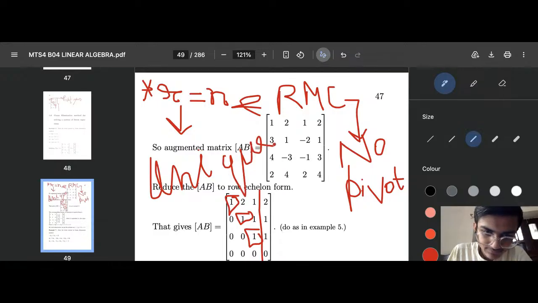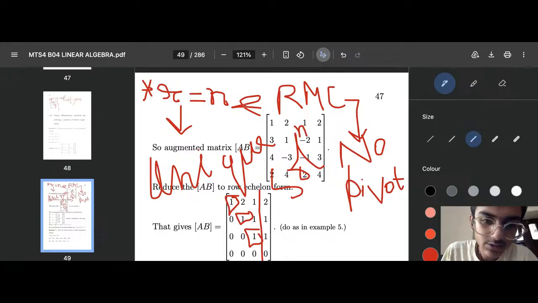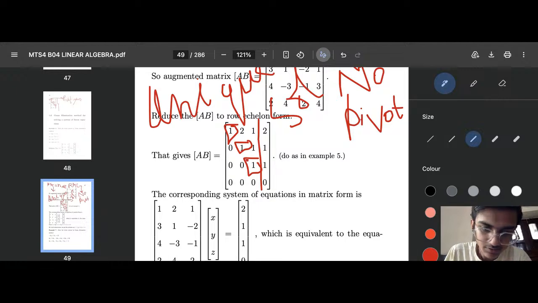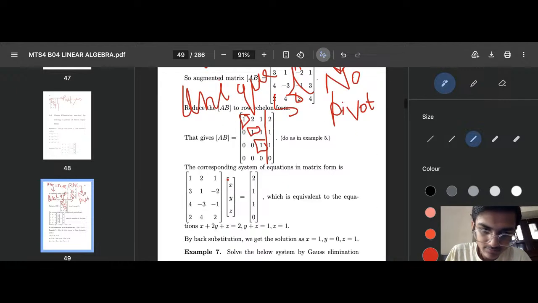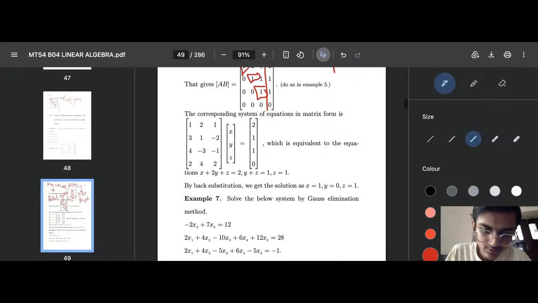So if R equals n and the rightmost column has no pivot, then we can say it is a unique solution. This is the case of unique solution, which you can solve by using this, or you can use your traditional method also.